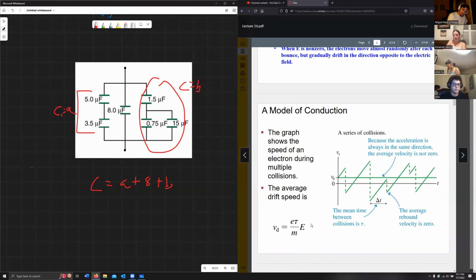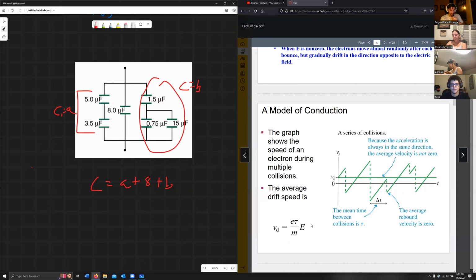Okay. So let's say average drift speed. If we were to say this in plain English, the velocity of an electron's average drift speed is equal to the charge of the electron multiplied by the average time between every collision, divided by the mass of the electron, multiplied by the electric field.